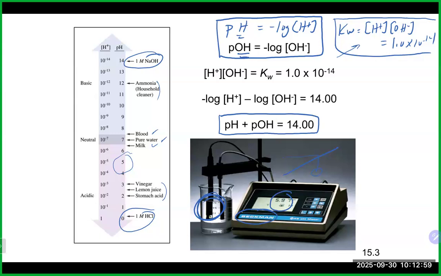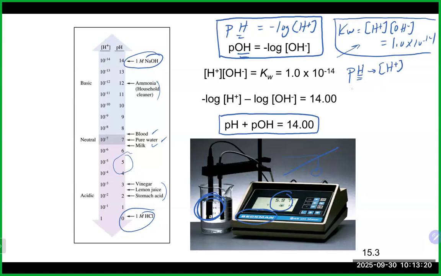A couple other things that we'll add to our list here of helpful calculations: if you have the actual pH, you could get directly from it the H plus concentration. So if you have the pH given to you, you could calculate the H plus directly from it.